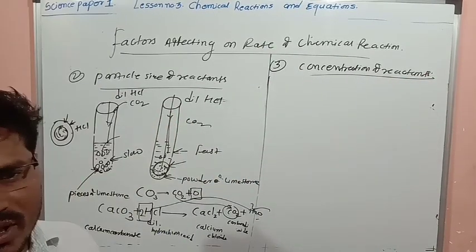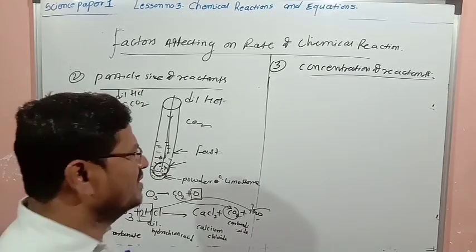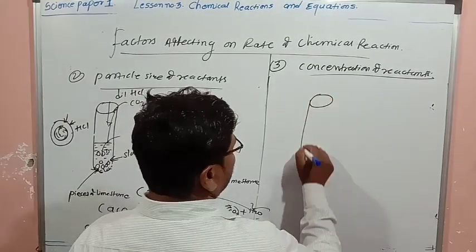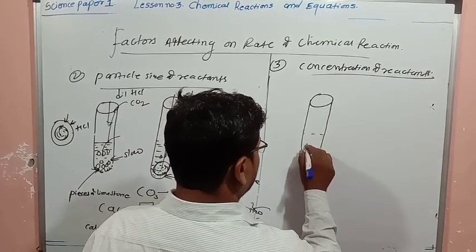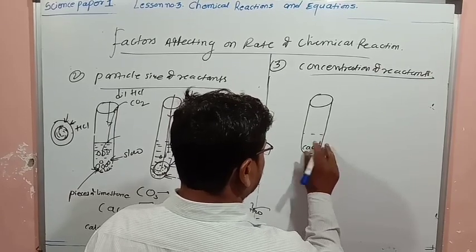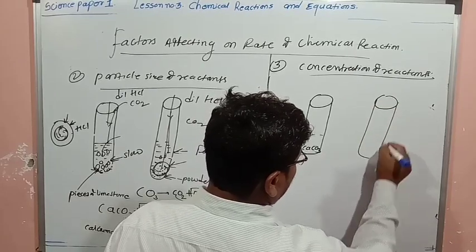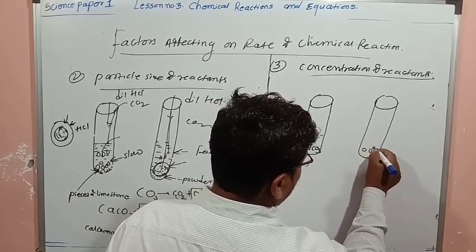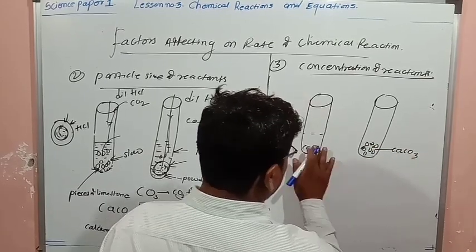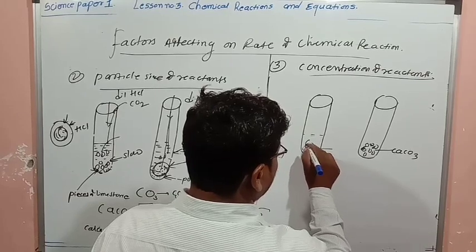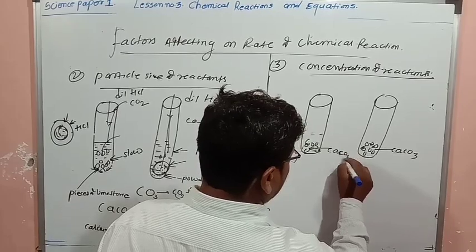The same reaction you can carry out in presence of dilute acid and in presence of concentrated acid. Suppose you take two test tubes, and in each you take pieces of limestone, CaCO3, calcium carbonate.